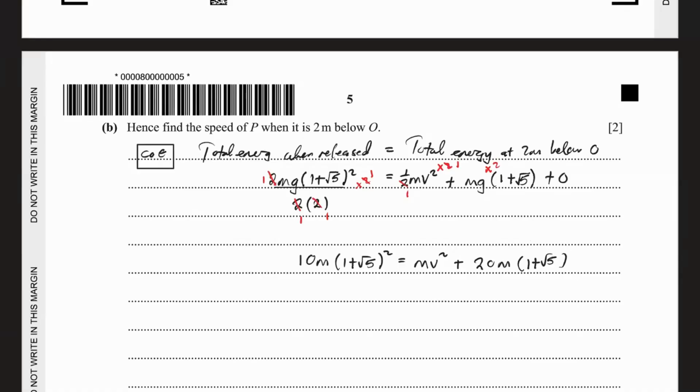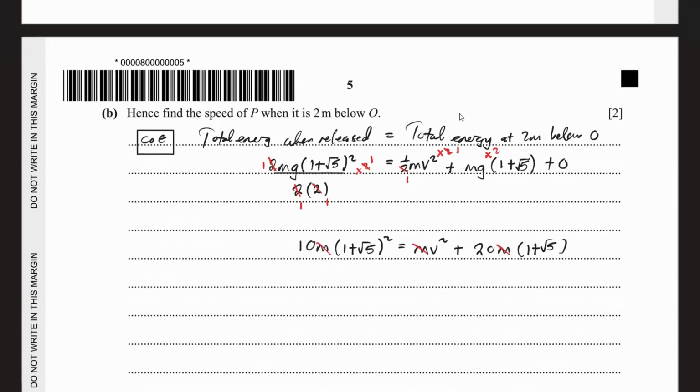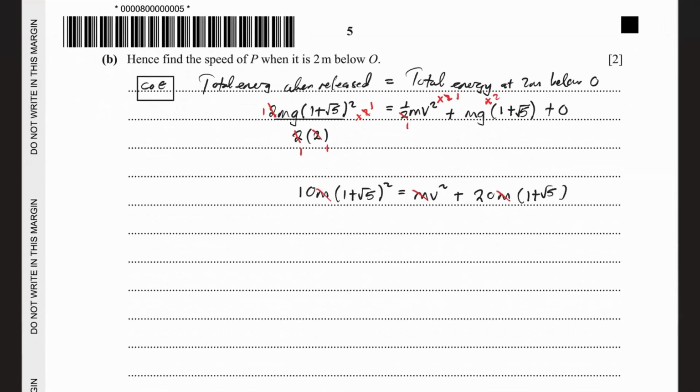Now, all the terms are divisible by m as well. So we will do that. And I will have the 10 multiply the expanded bracket. (1 plus root 5) all squared is like 1 plus 2 root 5 plus root 5 squared, which is 5. So 1 plus 5 is 6.